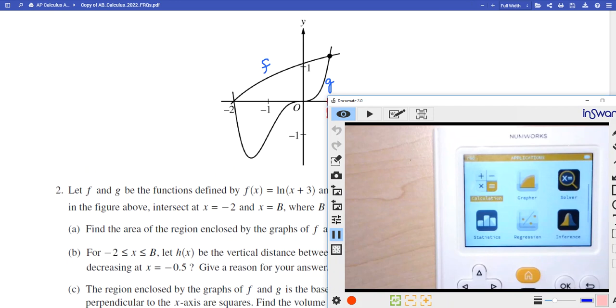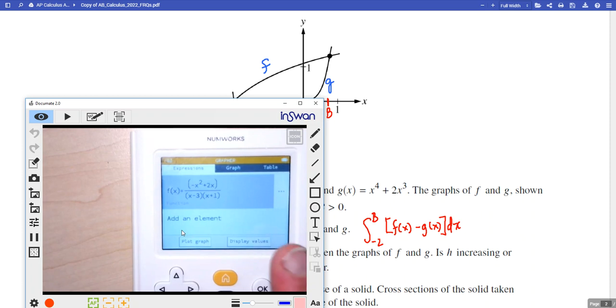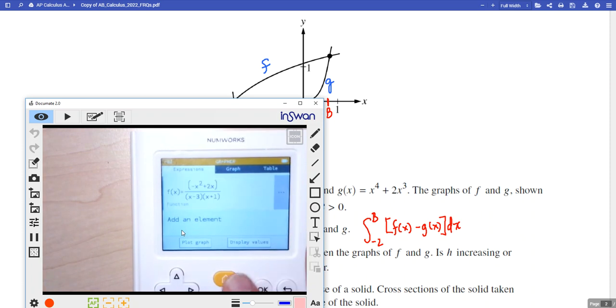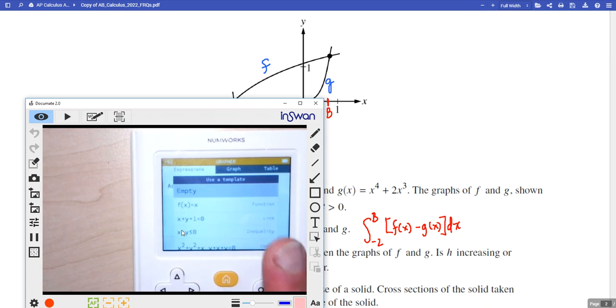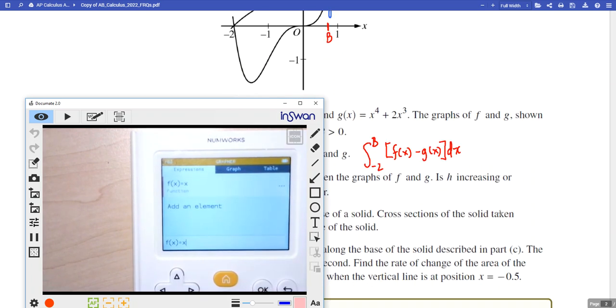And so let's go ahead and bring up our calculator and see if we can make these computations. All right, so I'll come over here to my grapher. I don't need that graph anymore, so I'll delete that function. Let's add a function. The first function, what was it?